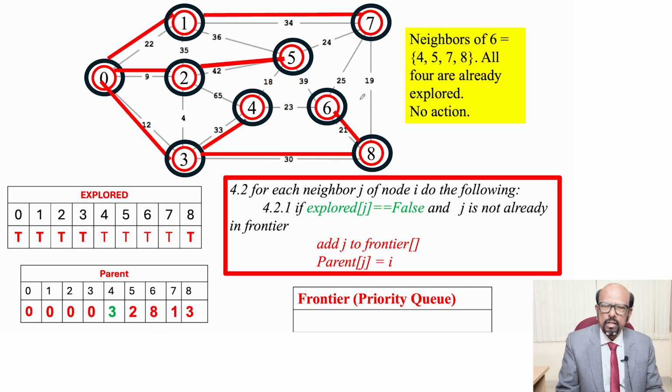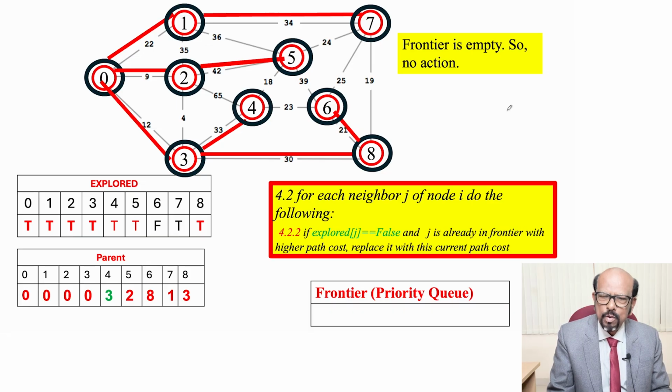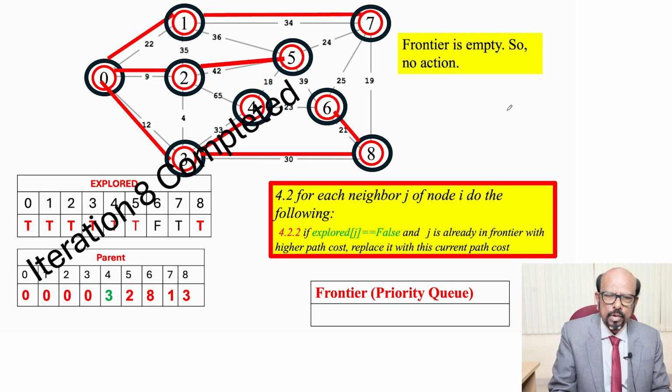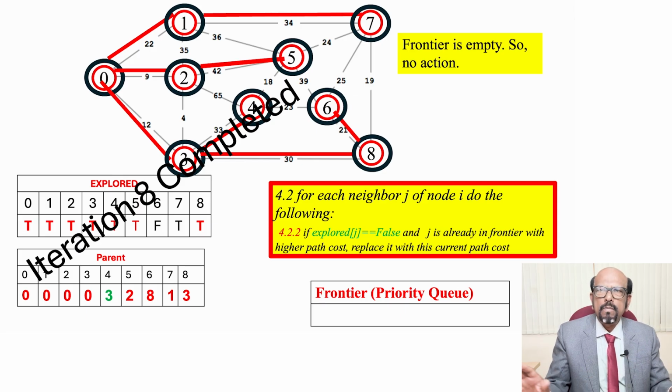Now, what are all the neighbors? All the neighbors are explored. Look at it. 4, 5, 7, 8, all are explored. So no action. What about 4.2.2? No action, because in the frontier there is nothing. Now frontier has become empty. So iteration 8 is completed. The frontier becomes empty, so we come out of the loop.